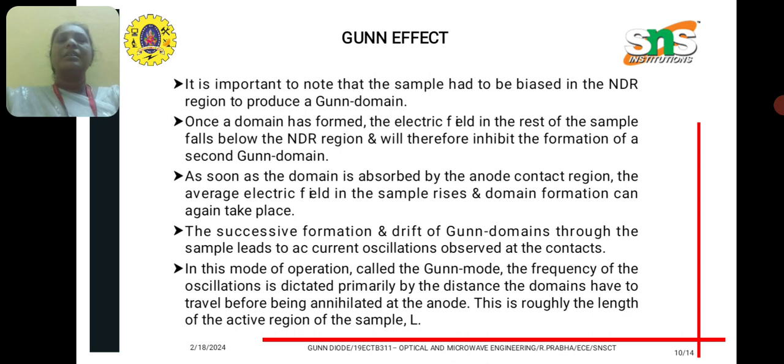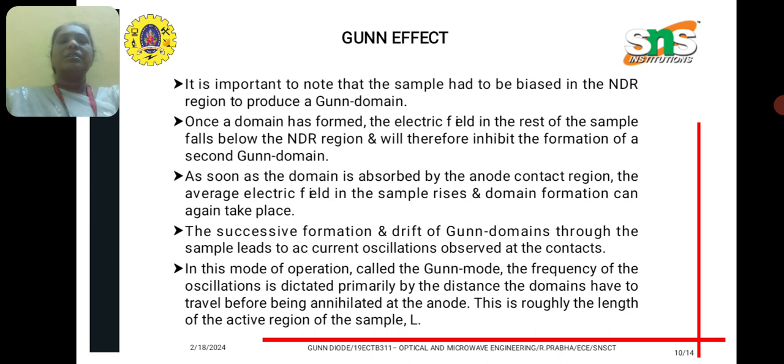Once a domain has formed, the electric field in the rest of the sample falls below the NDR region and will therefore inhibit the formation of a second Gunn domain. As soon as the domain is absorbed by the anode contact region, the average electric field in the sample rises and domain formation can again take place.